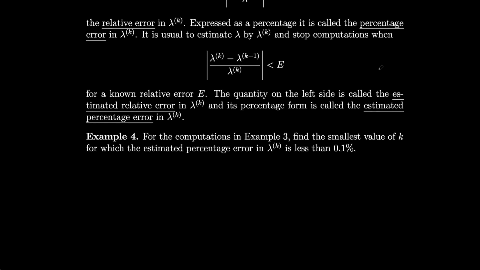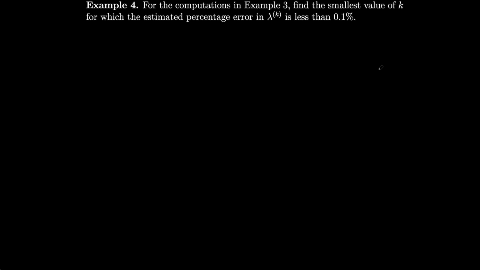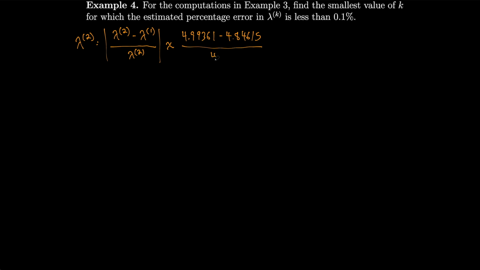So how about we find the smallest value of k for which the estimated percentage error in lambda k is less than 0.1% for the computations that we did in example 3. So let's look at lambda 2. Well, then we would be taking lambda 2 minus lambda 1 over lambda 2, and we would take the absolute value, and we would get approximately 4.99361 minus 4.84615 over 4.99361.